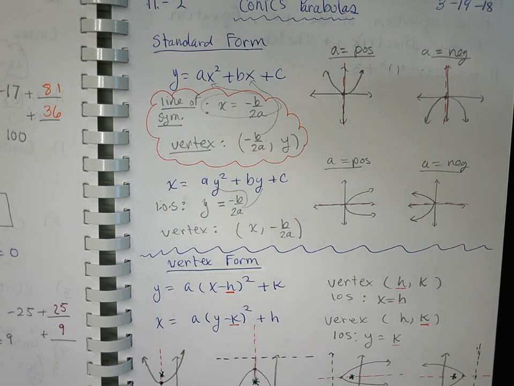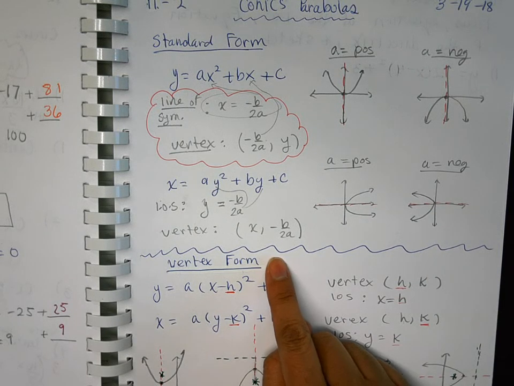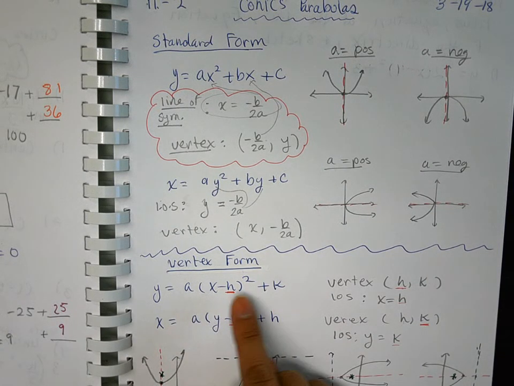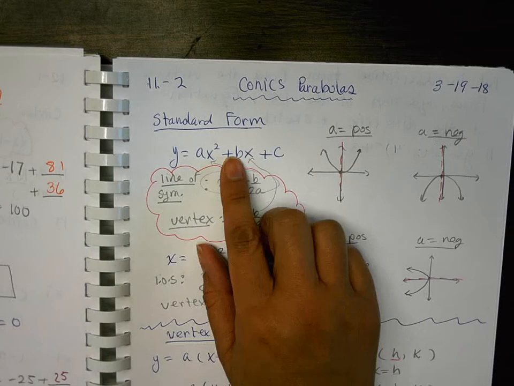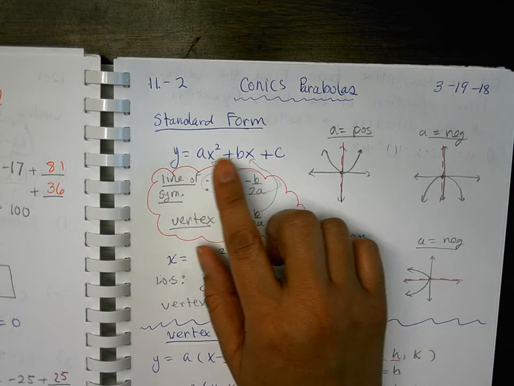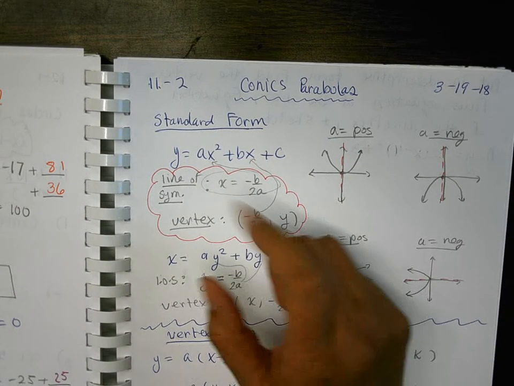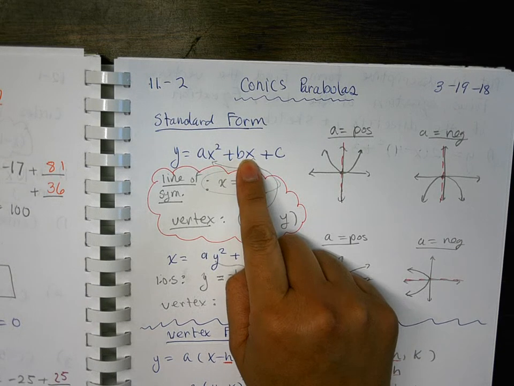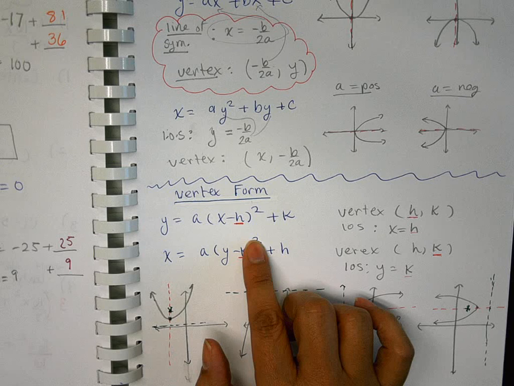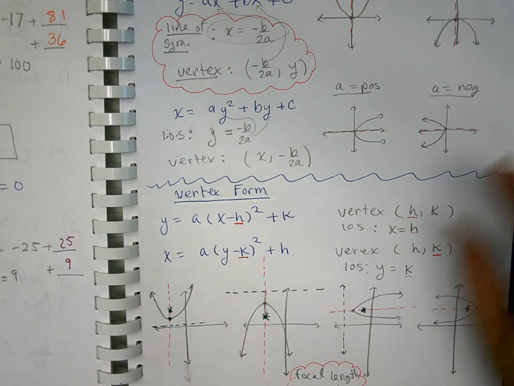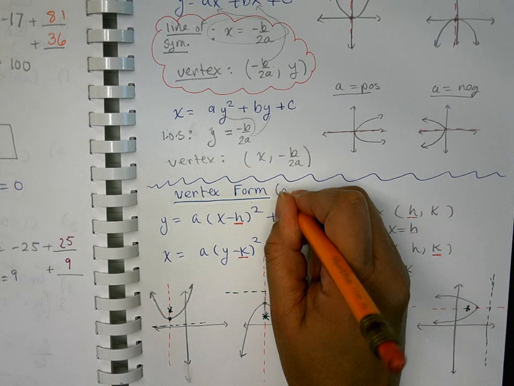This one's considered descriptive form because when you look at it, can you right away know what the vertex is without any work? This one requires work. You can't look at it and say, oh, the vertex is AB or BC or AC. You do negative B over 2A, plug it back in and do some work. On this one, does it require any work? No. So let's put parentheses here, descriptive form.